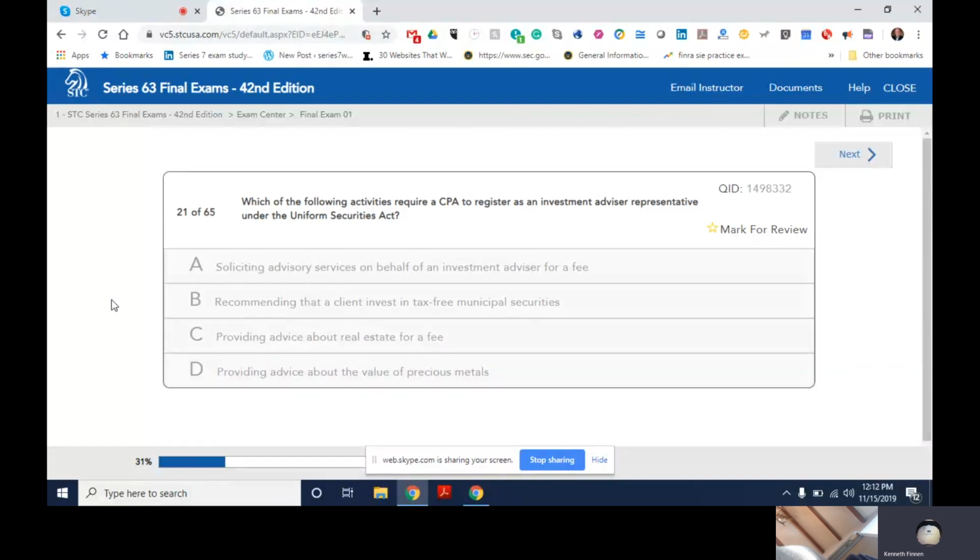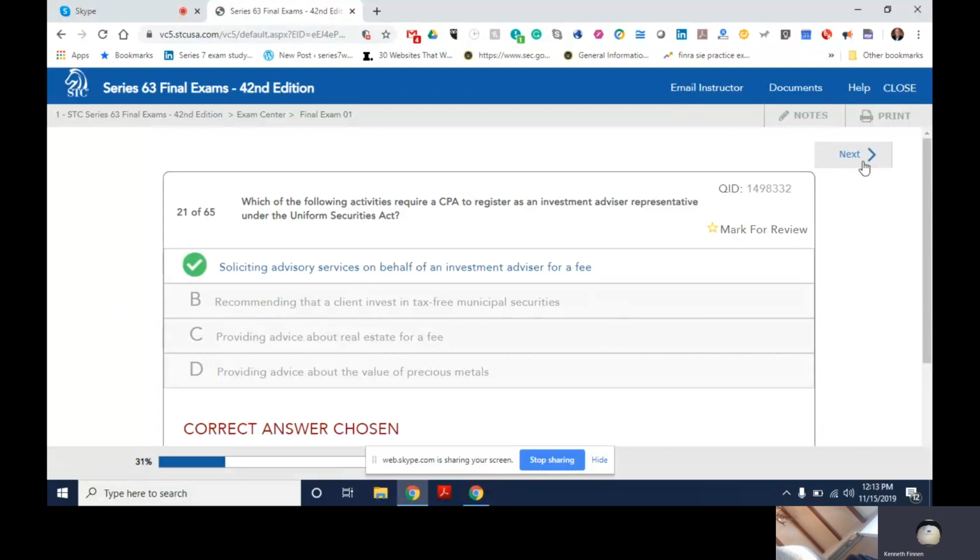Recommending that a client invest in tax-free munis, but it doesn't say he's getting paid for it, so you can say whatever they want as an accountant because that's part of the exclusion: publisher, lawyer, accountant, teacher, engineer. Soliciting advisory services on behalf of an IA for a fee, boom. So soliciting that, because since he's getting a fee and he's trying to send people there, he wants to get paid. That better be the answer.